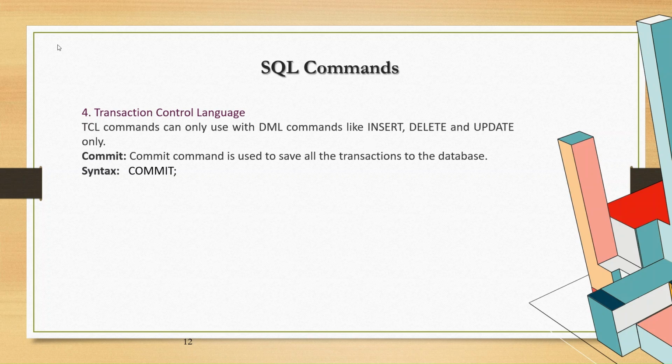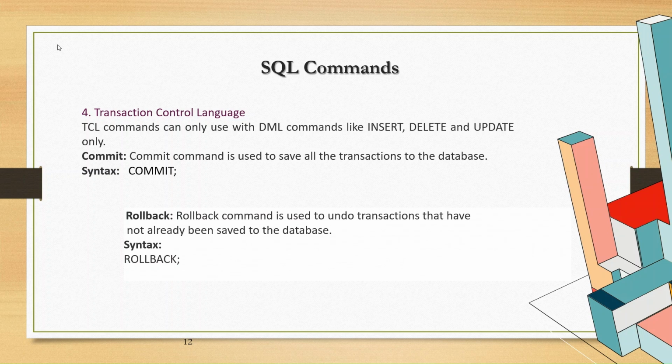TCL commands can only be used with DML commands like insert, delete and update only. Commit command is used to save all the transactions to the database. Rollback. It is used to undo transactions that have not already been saved to the database.